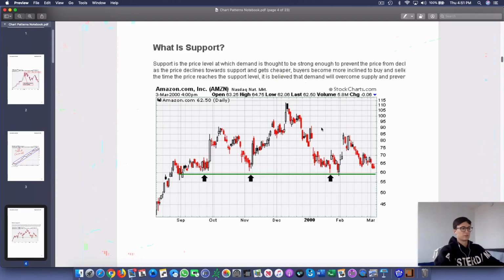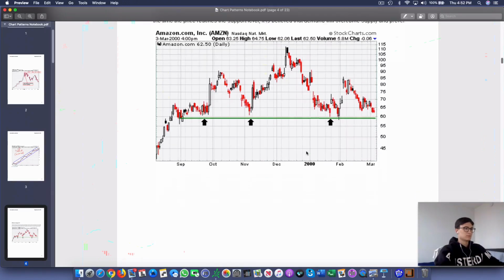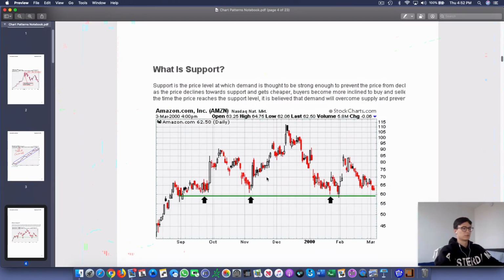This right here could be a head and shoulders, this could be the shoulder, this could be the head, this could be the shoulder. And then if you want, you can wait till a break in the neckline or the support level, and then for it to confirm the new resistance. But yeah, so that would be support levels.